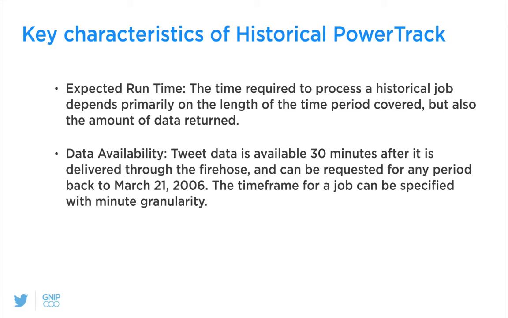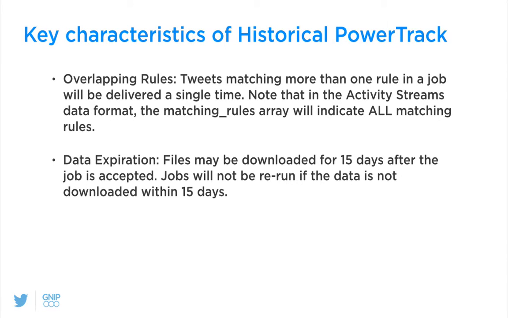So approximately 30 minutes after a tweet is posted, it will be available via the historical product. Also, any data can be requested back to the start of the Twitter archive, which is March 21st, 2006. And the time frame for a job, as specified with the to date and the from date, can be specified down to the minute.